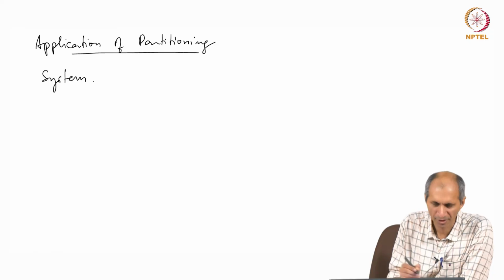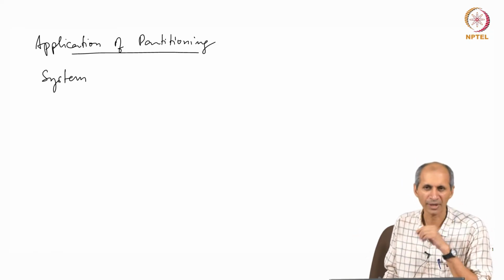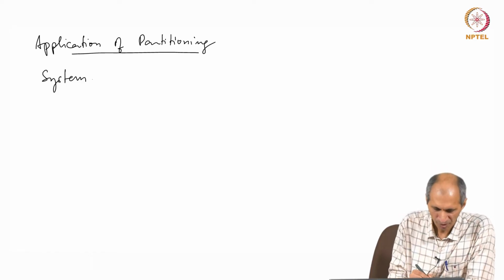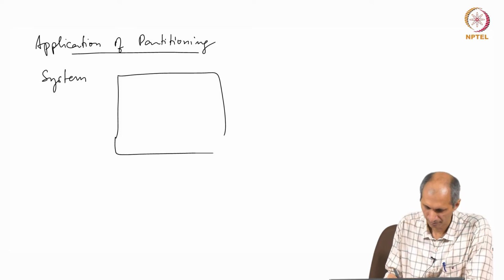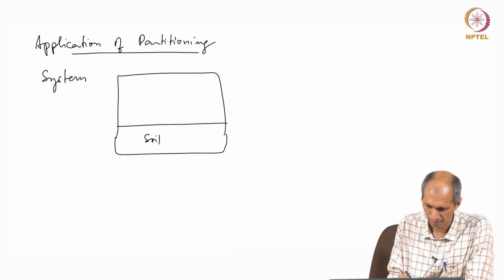I am not going to use systems like soil, sediment and all that, because it is very impractical. So let us say I have a system of a closed container which has some soil or sediment.